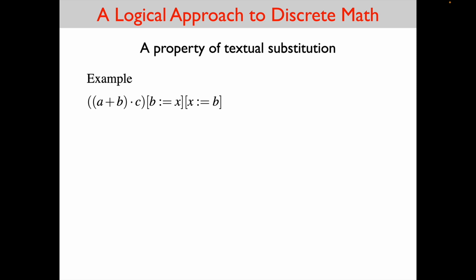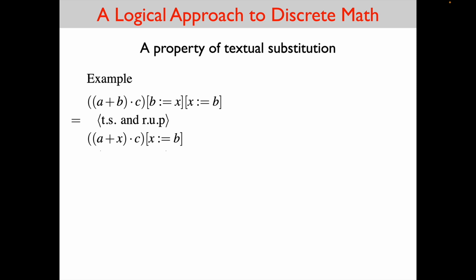Okay, so the first step is textual substitution and remove unnecessary parentheses. So what do we do? We take (a + b) * c, and everywhere there's a b we replace it with x. So what do we have? Can you anticipate this before we go on to the next step?